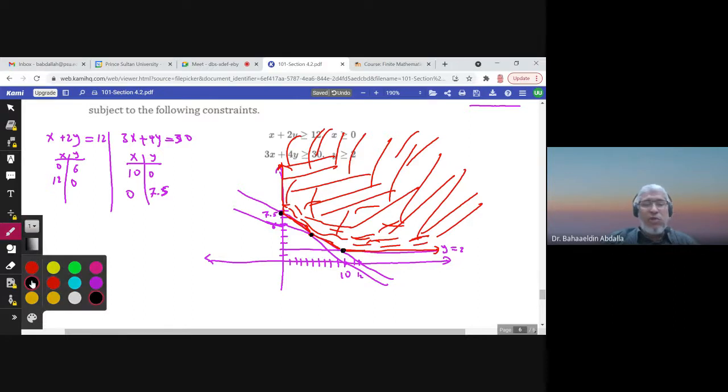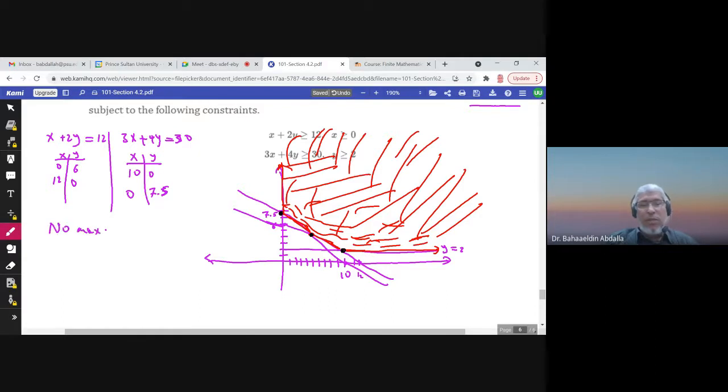So also there is no maximum in this case. I did not check the 0, 0. So let me do it. If I check 0, 0 in the first inequality, 0 plus 0 is greater than or equal to 12.